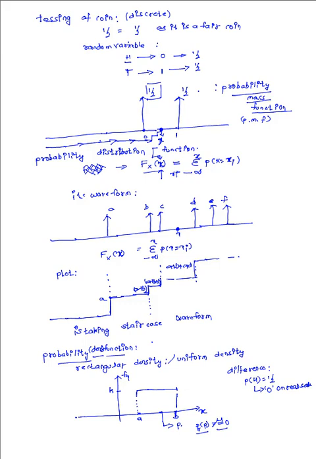In such a case, we have to take an interval. Here the probabilities are defined only for intervals. For example, if we want the probability at point p, it has to be given by integration of the probability density function from p minus to p plus. This p minus and p plus are separated from p infinitesimally. That means there is very little difference on the scale between p, p plus and p minus. On the scale, p minus is just toward the left of p and p plus is just toward the right of p.